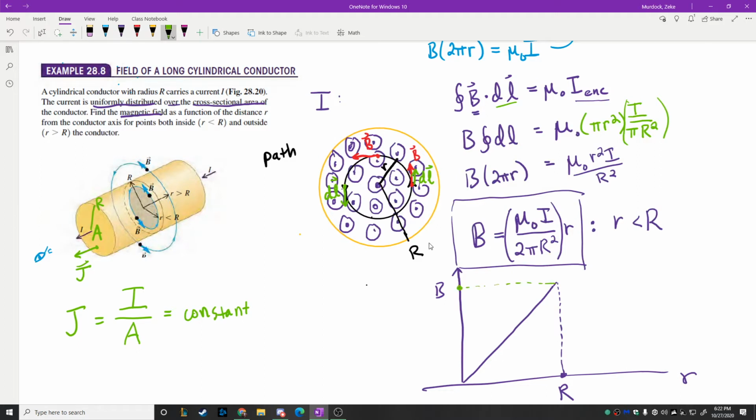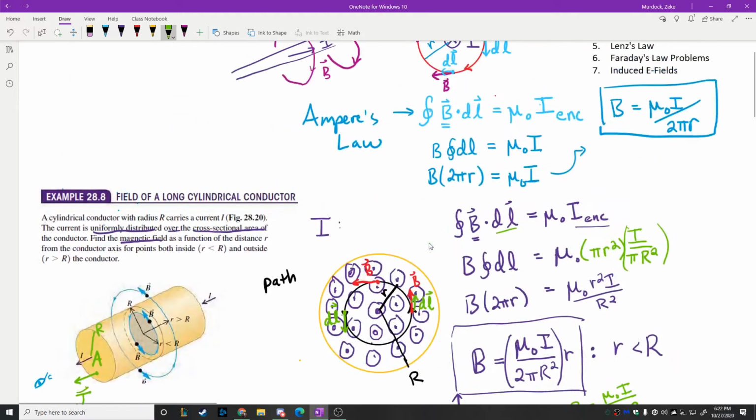the magnetic field at that point is where little r is equal to big R, and at that point the magnetic field is going to be equal to mu naught times I divided by 2 pi R, where it's big R now. And that happens to be the magnetic field that we got in the previous problem when you just have a regular line.